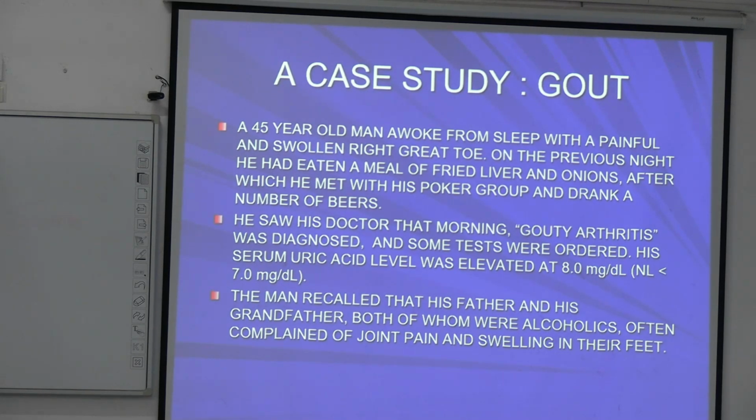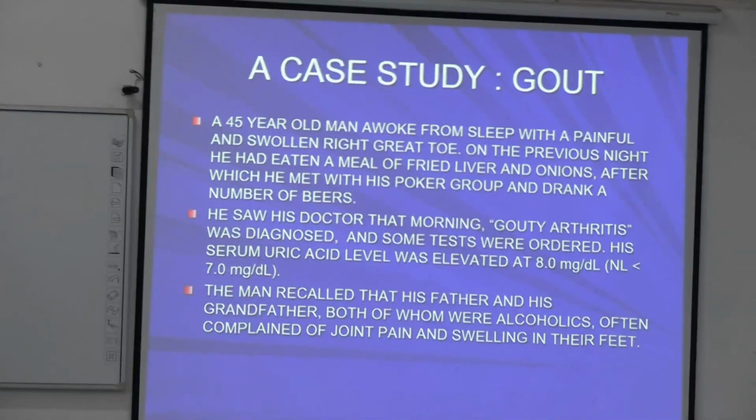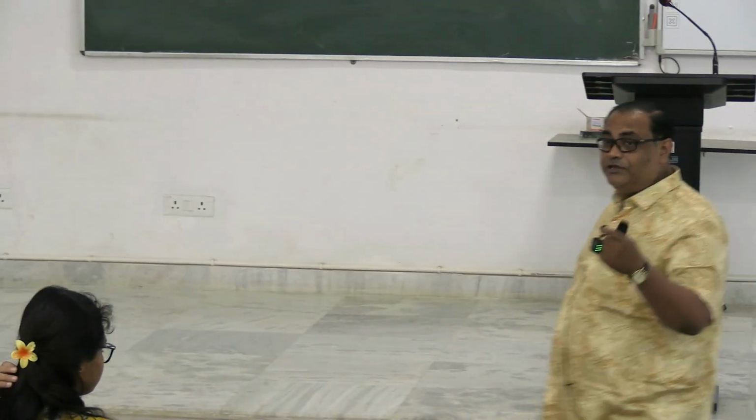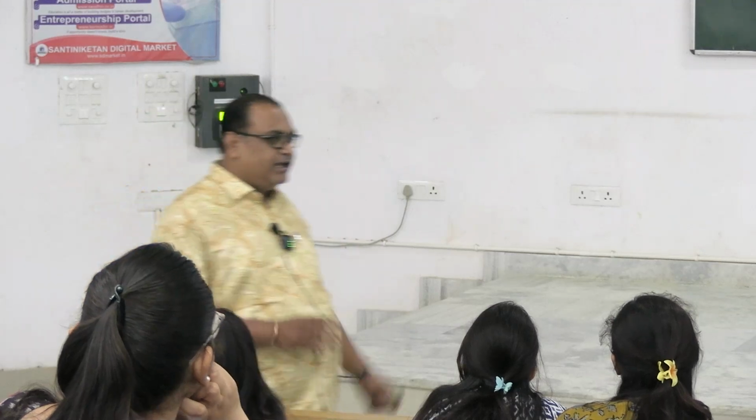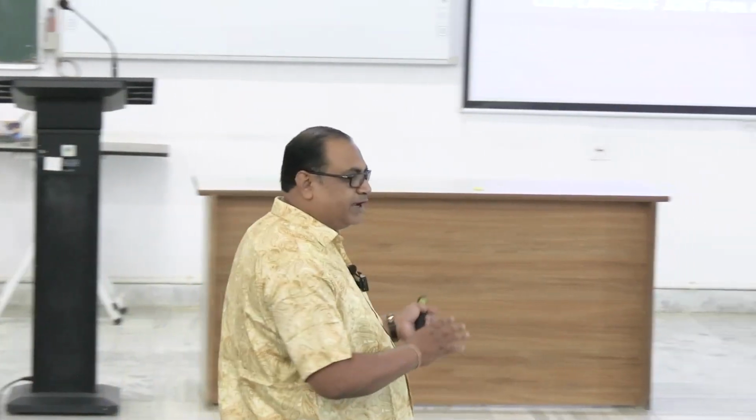So what has he taken? He has taken something which will reduce excretion of uric acid, alcohol, and he has taken liver, which is a store of nucleotides. That means overproduction of uric acid. So for the time being, in his body, it is producing more and more uric acid, and due to the alcoholic nature of the diet, is unable to get rid of it.